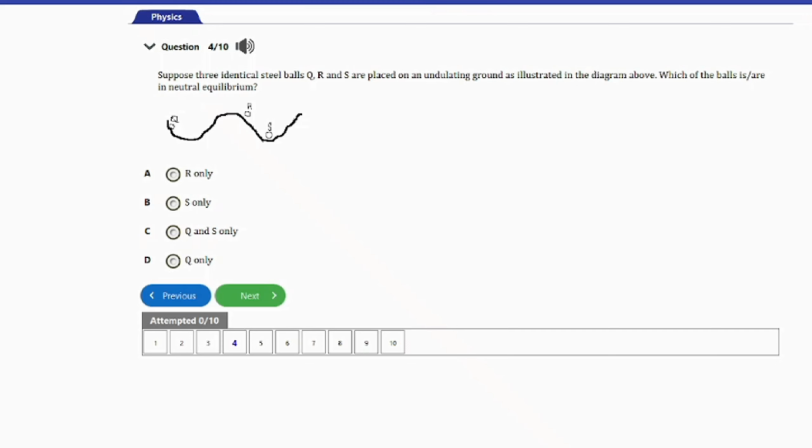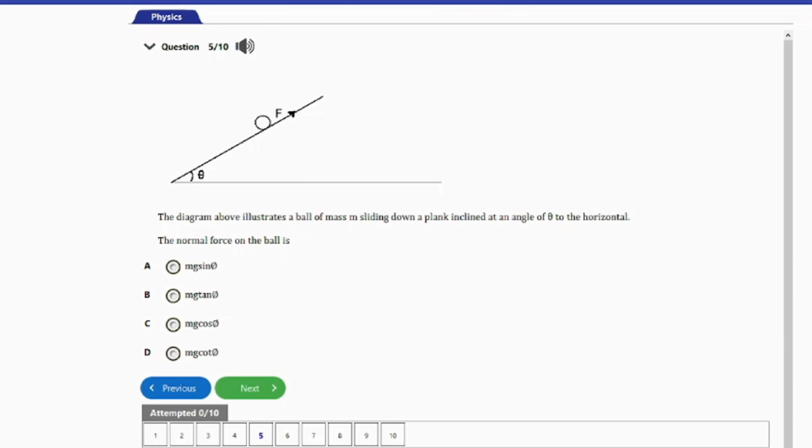Let's go ahead and consider the next question. That's question number 5 here. It says, the diagram above illustrates a ball of mass M sliding down a plank inclined at an angle of theta to the horizontal.